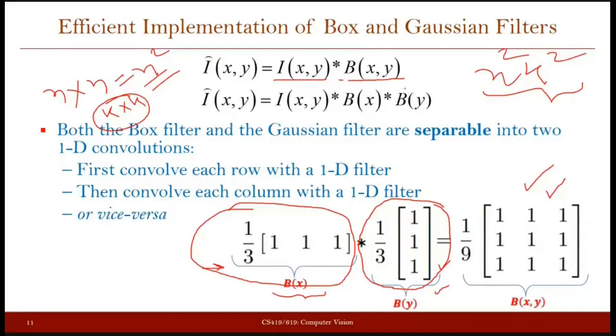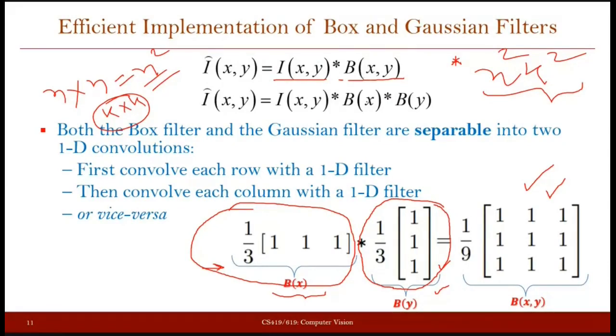Whenever we do the convolution operation, we use this star operator. So this is not a product. Please remember this is not a product. This denotes the convolution operation, which basically means that this filter is being operated on all the possible pixels of image I.